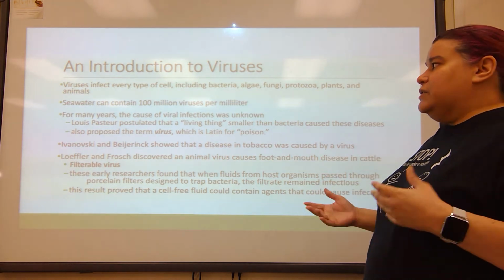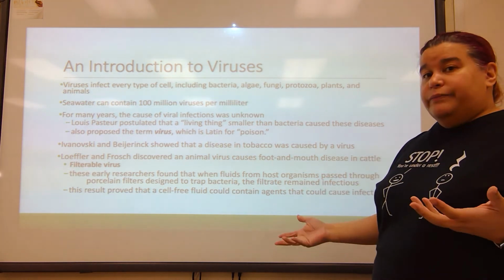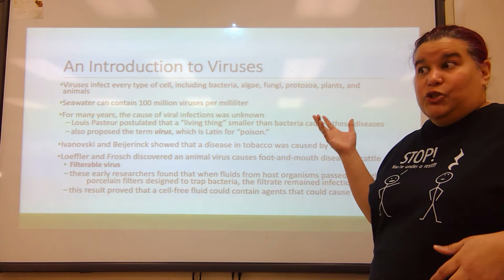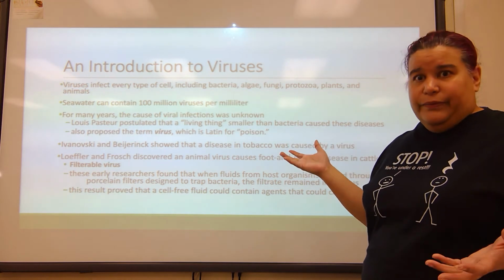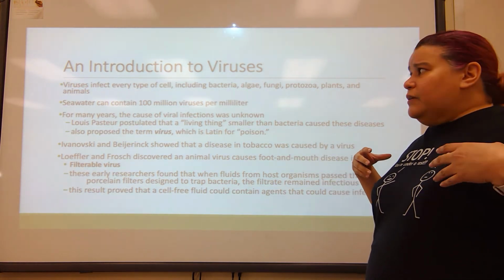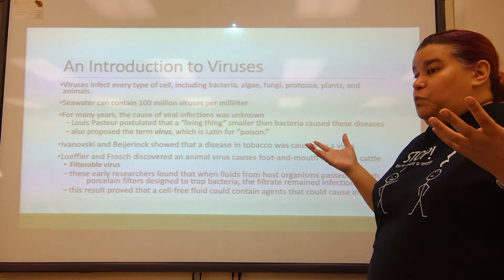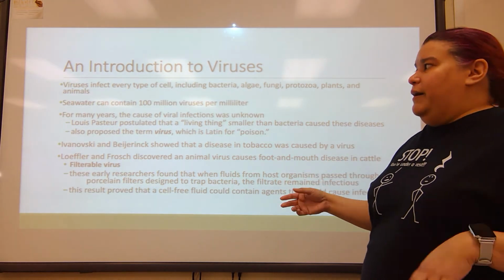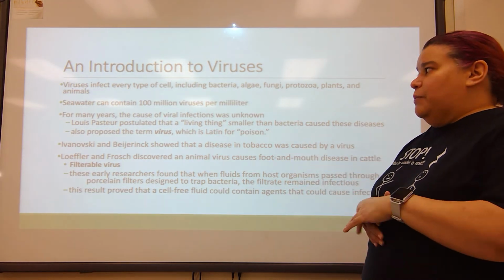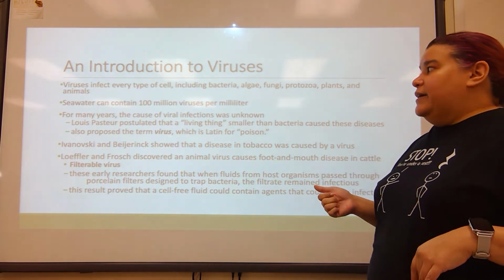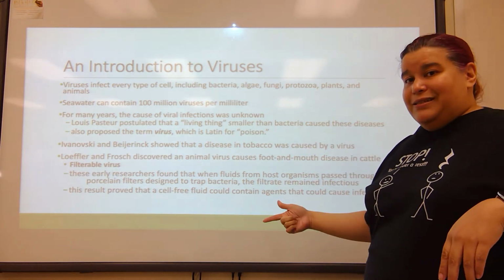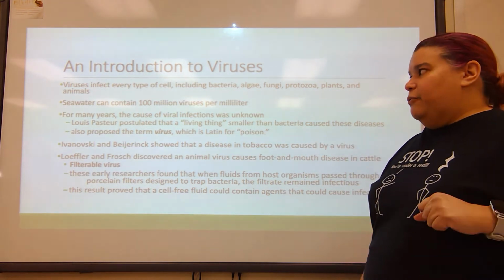For many years, the cause of viral infections was unknown. You have to remember that even when we had microscopes, you can't see a virus through a microscope. They thought something was in there, but they couldn't really prove it at the time. So Louis Pasteur postulated that a living thing smaller than a bacteria caused these diseases that they couldn't find bacteria for.